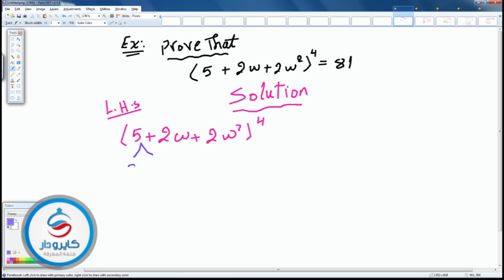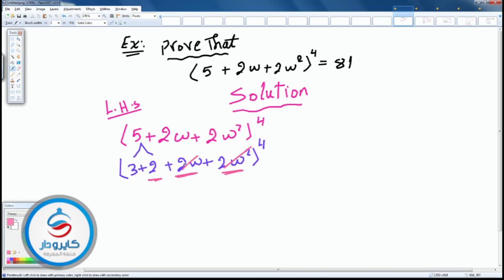Shall we write 5 as 3 plus 2? Why 3 plus 2? Just to complete the problem. As we know that 1 plus omega plus omega square equals 0, 2 plus 2 omega plus 2 omega square also equals 0.